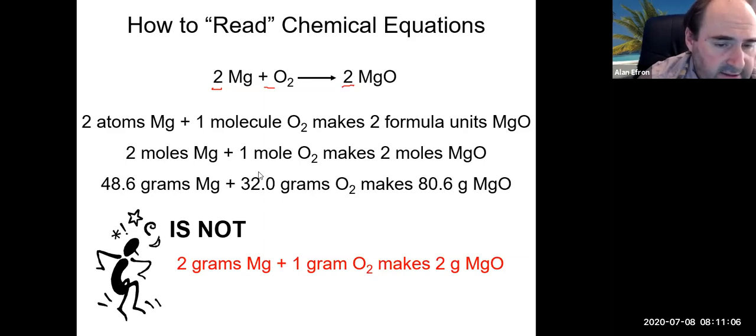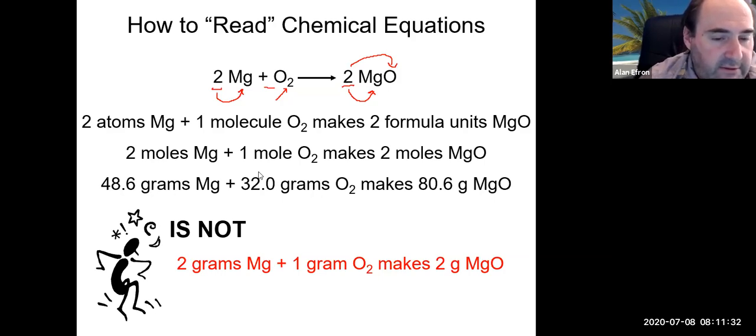And just to know that this is balanced, you can see you have two magnesiums on the left and right, and we have two oxygens there. 2 times 1 is 2 oxygens. So this is a balanced equation, and you should always have a balanced equation whenever you're using it, unless it's an odd question that says write the unbalanced equation, but usually you want the equation to be balanced.